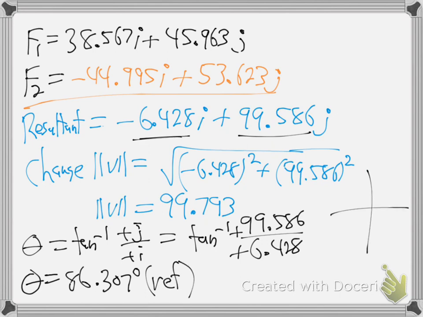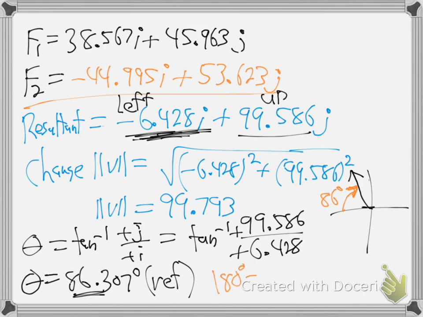Where is the vector actually? Look at this vector. It's left and up, isn't it? So this vector is here. That 86 degrees is the reference angle from the x-axis up to there. So what do you got to actually do?